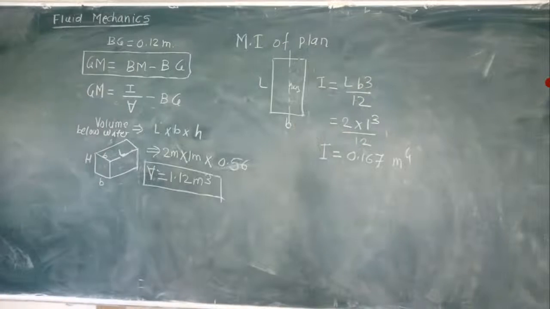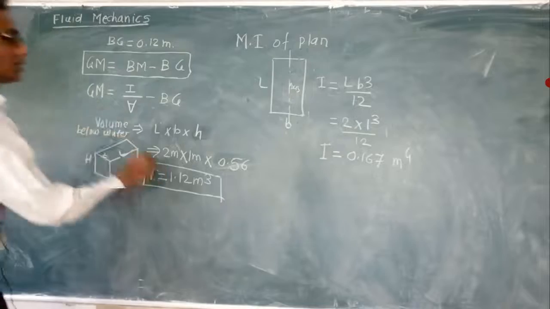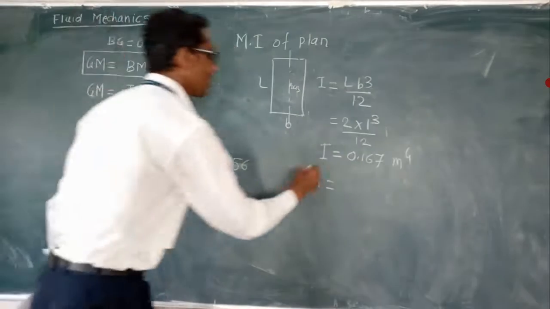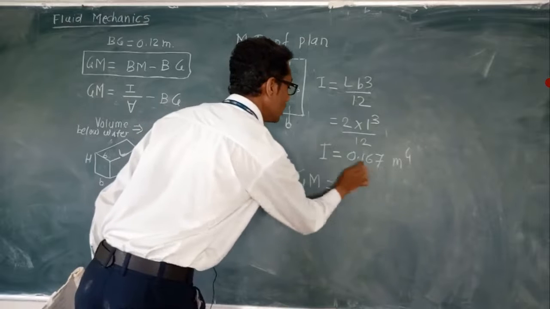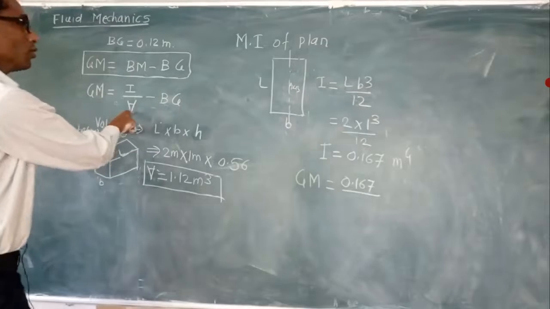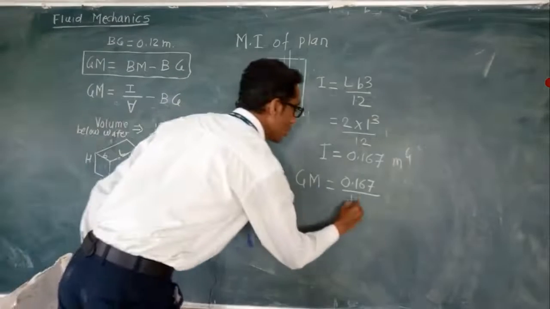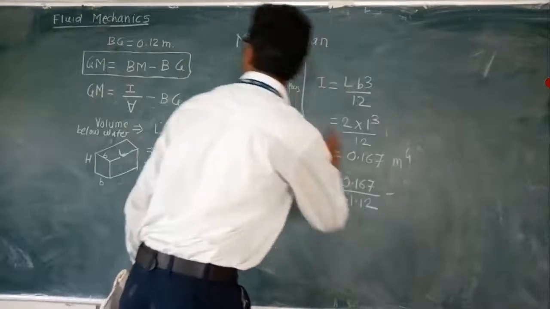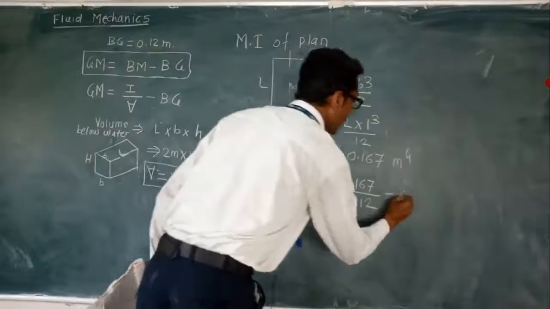So now we have got all the values. We put them in the metacentric height formula: GM is equal to I, 0.167, divided by the volume we calculated, 1.12, minus the BG distance we calculated, 0.12.